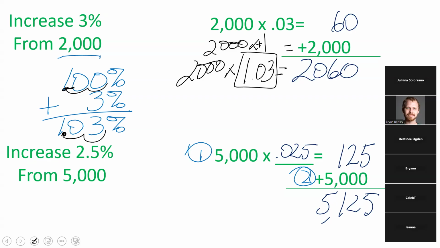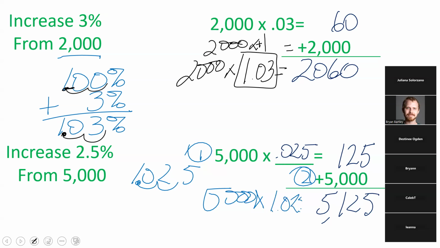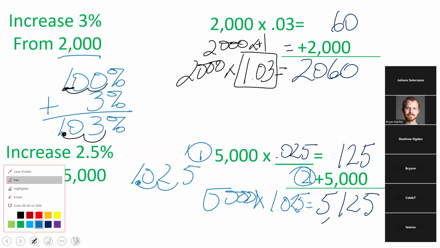Let's look at our decimal for this one: 102.5. When I move that decimal over 2, I'm going to do 5,000 times 1.025, and it will give me 5,125.